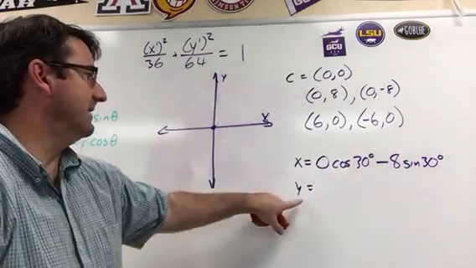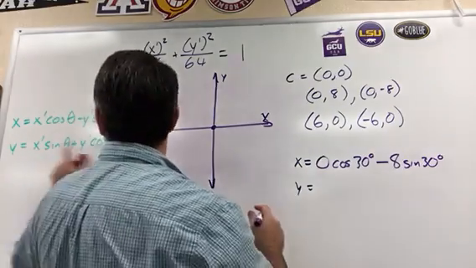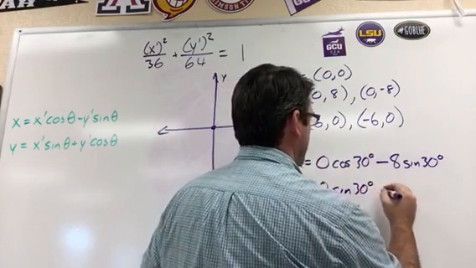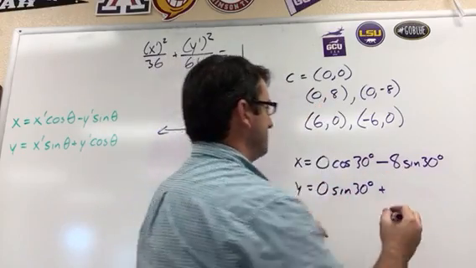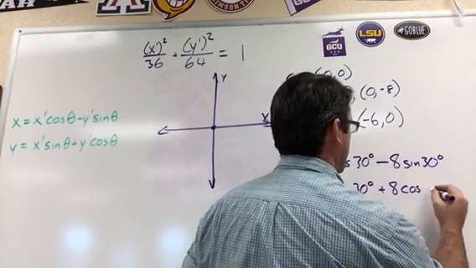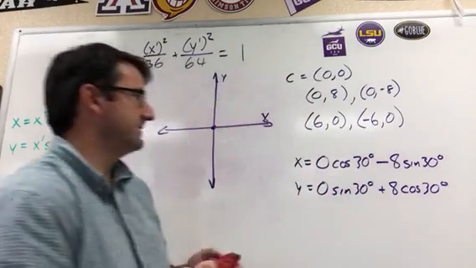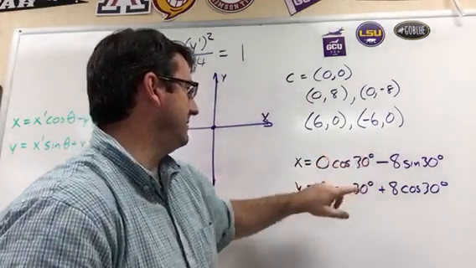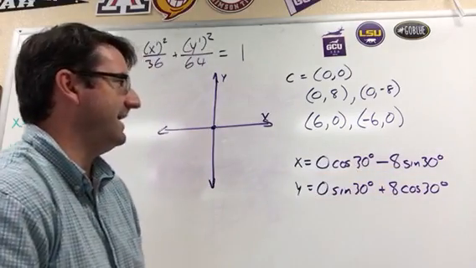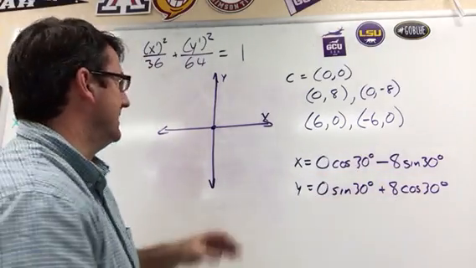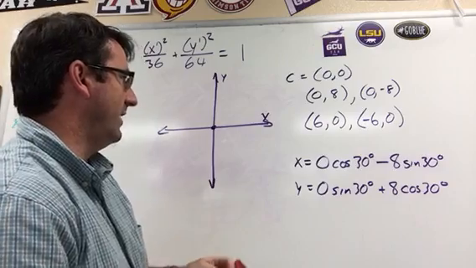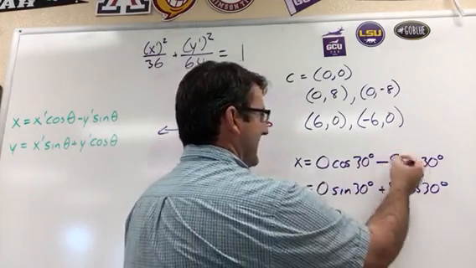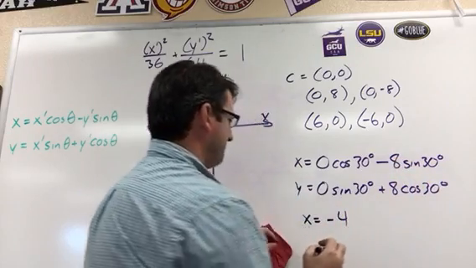And then for the y coordinate, we plug in x prime is 0 again, times the sine of 30 degrees, plus 8 times the cosine of 30 degrees. So x is equal to negative 8 times the sine of 30 degrees. The sine of 30 degrees is 1/2, so x is going to end up being negative 8 times 1/2, which is negative 4.